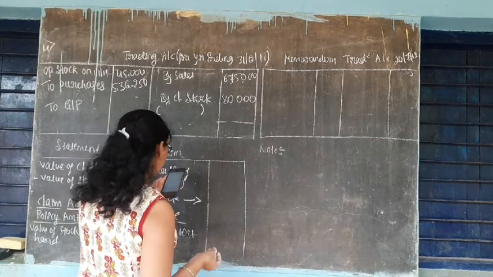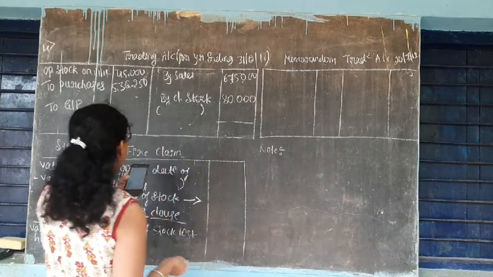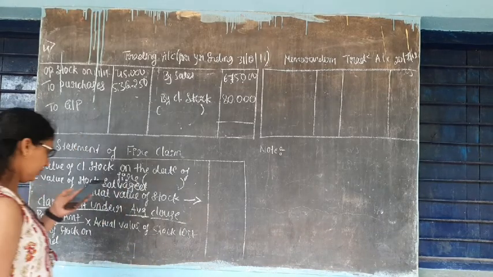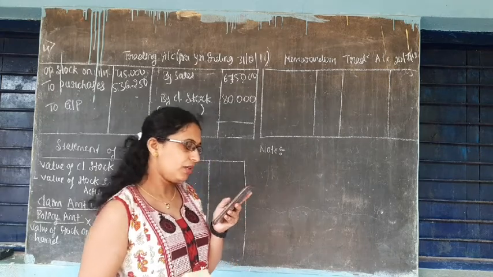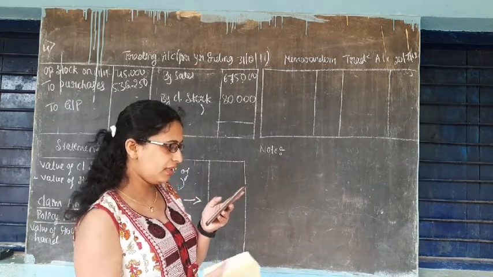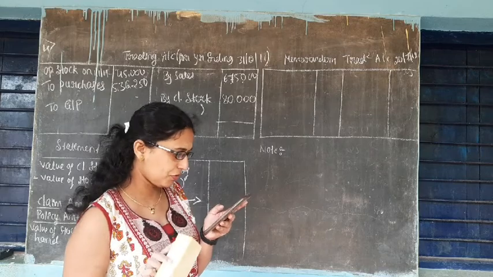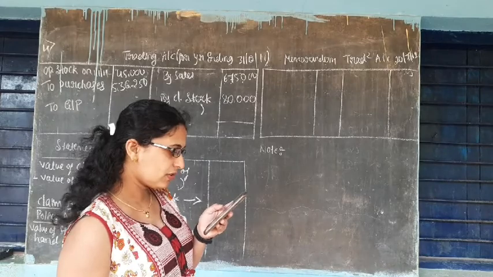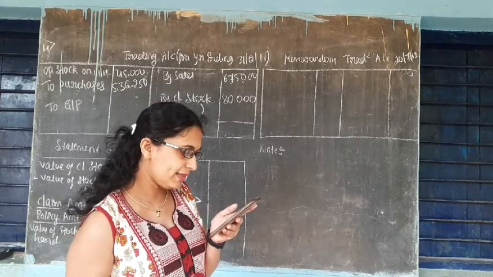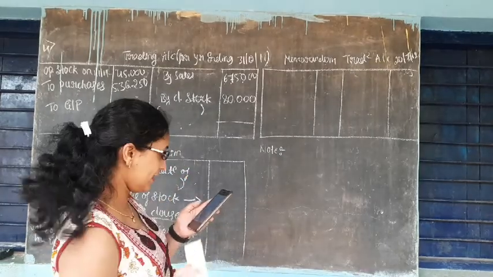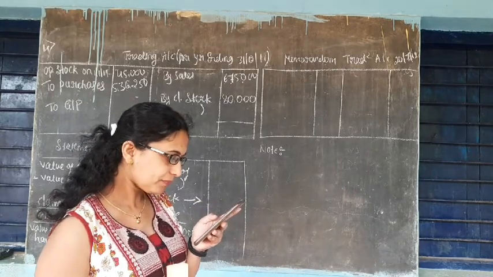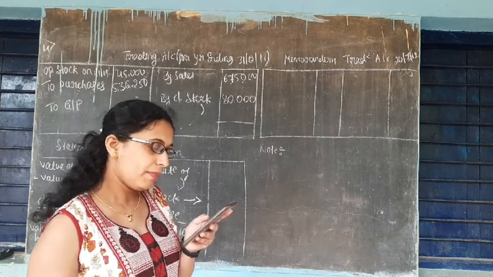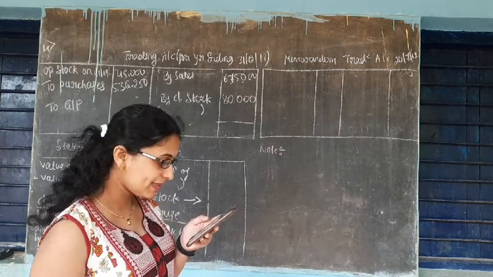But remember one thing, purchases during the year 2012 and sales during the year 2012, every information is given in the question. Afterwards, there was a practice in the business to value stock at cost less 10%, that is opening stock at cost less 10%, but closing stock at cost plus 10%.